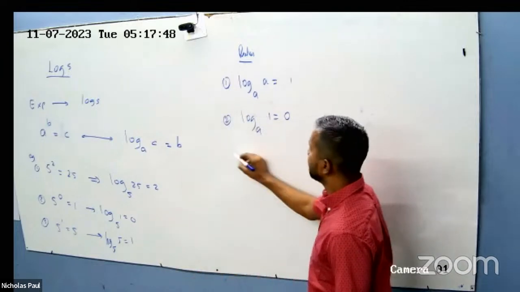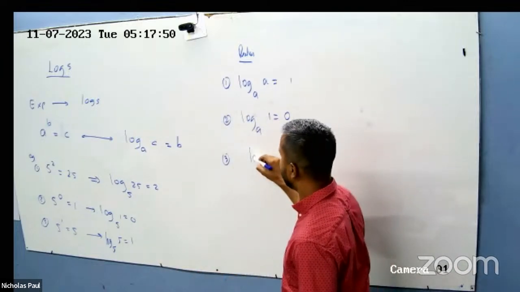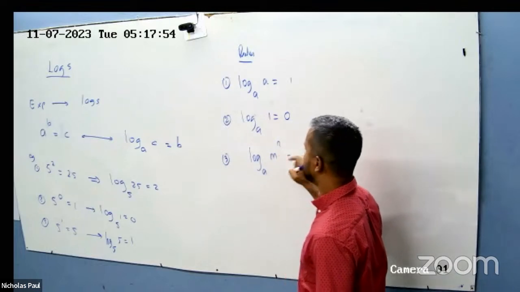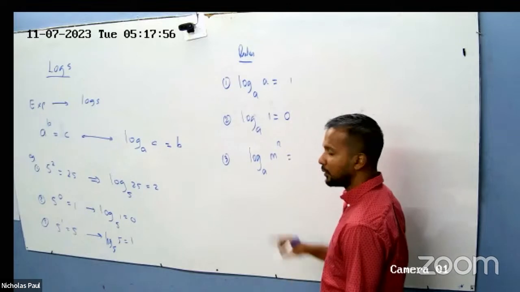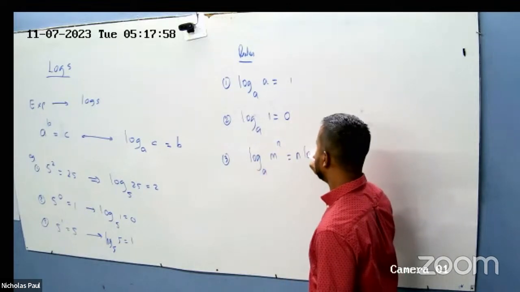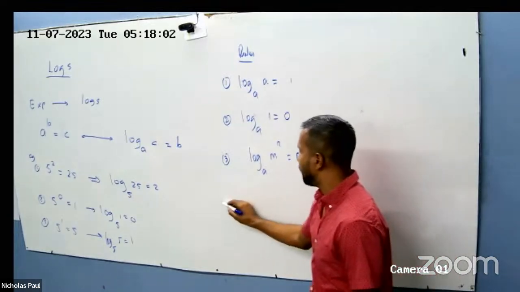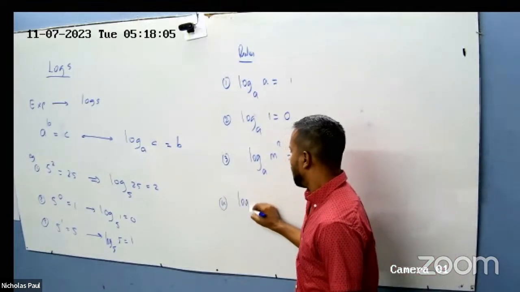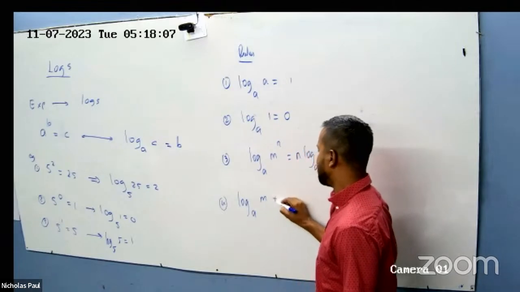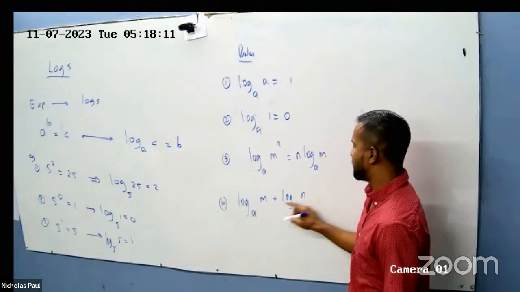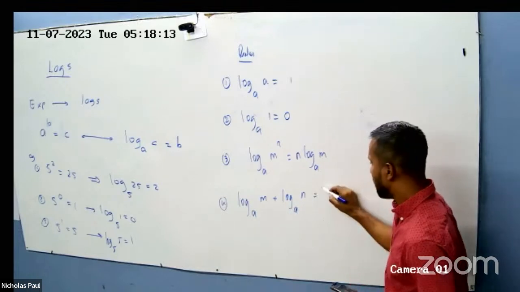Next rule, you have to remember this rule here. Log of m to the power of n. What do you do with the n? Bring the n in front. So that's n log to the base a of m. All right, number 4. Log to the base a of m plus log to the base a of n. Same base, addition sign. So what do you do? Multiply.